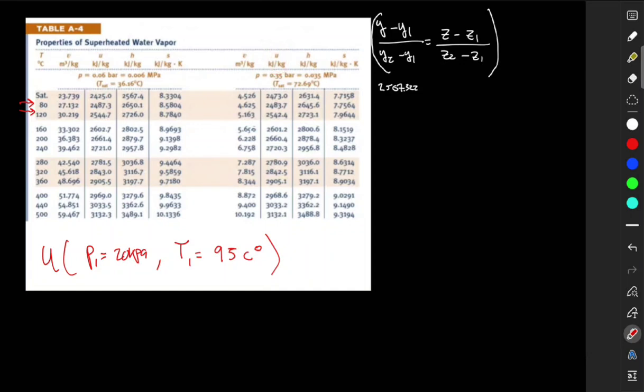And the two properties that they give us are pressure and temperature. But in the tables, we have superheated water vapor, and as you can see, we only have 0.06 bar and 0.35 bar.